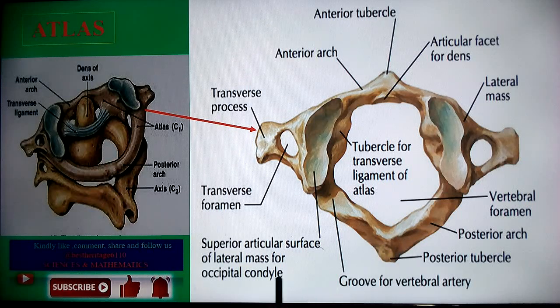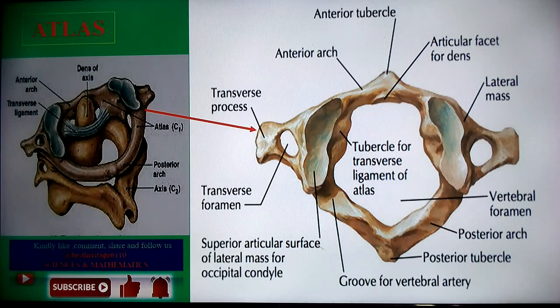The transverse processes are broad, and the facets for articulation of the condyles of the skull are broad and very pronounced compared to the others we mentioned in our first videos.